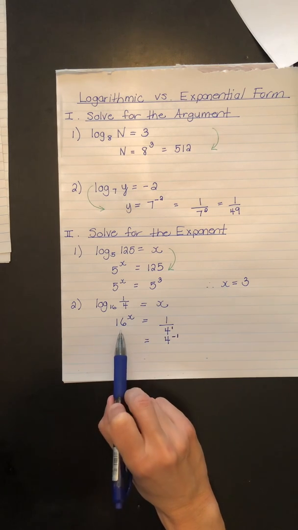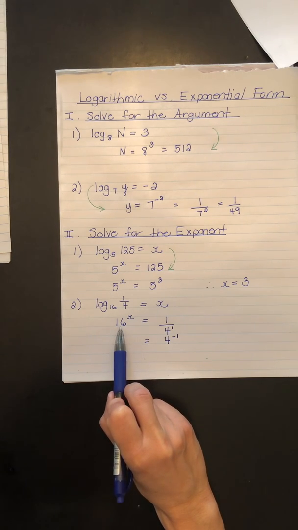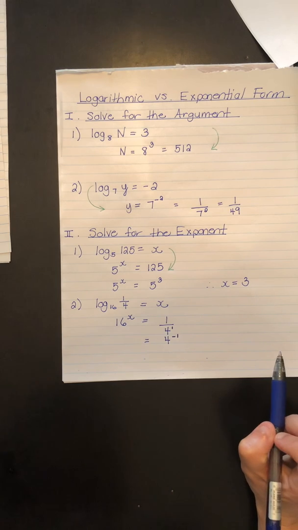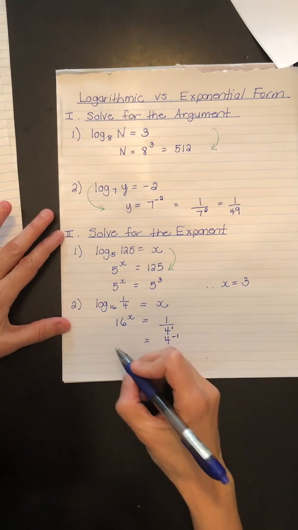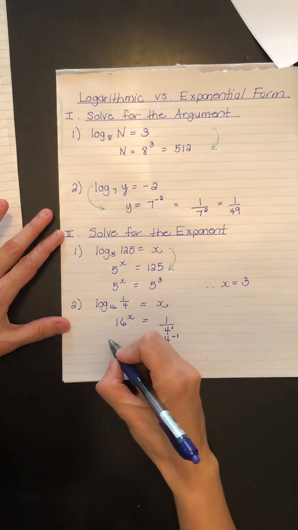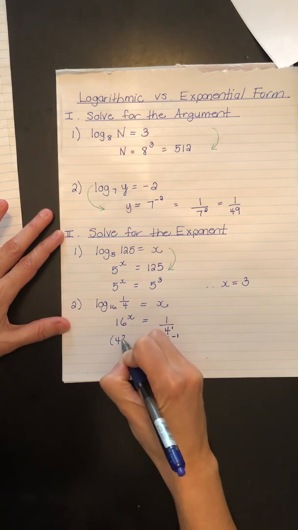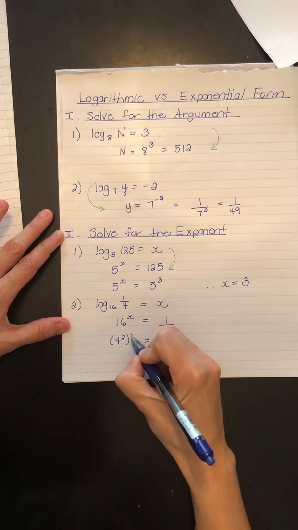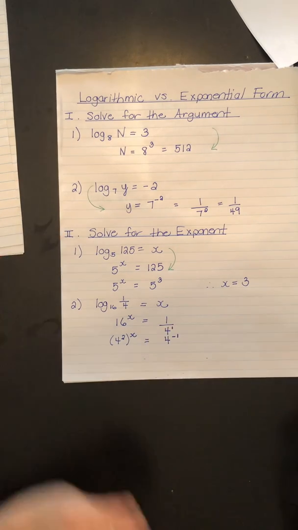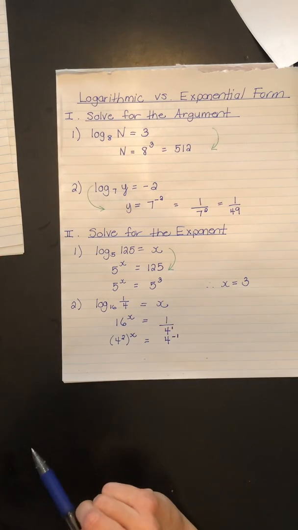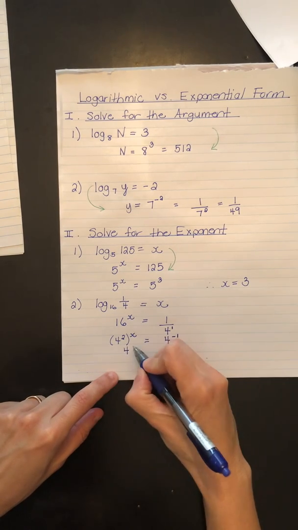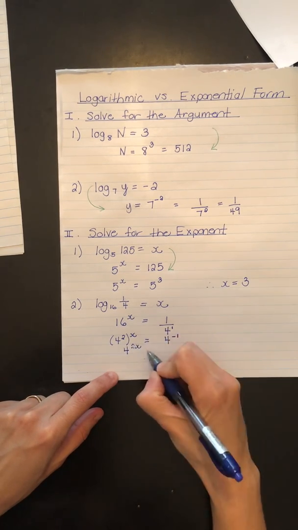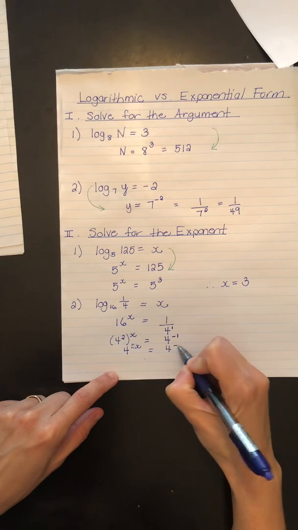I will be in business if I know how to write 16 as a power of 4. Well, 16 happens to be 4 squared. So we replace 16 with 4 squared, recognizing that the exponent of x is still outside of the bracket. This is now telling us that 4 to the 2x is equal to 4 to the negative 1.